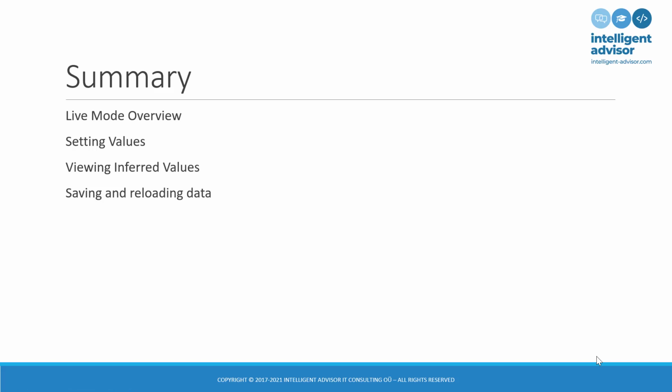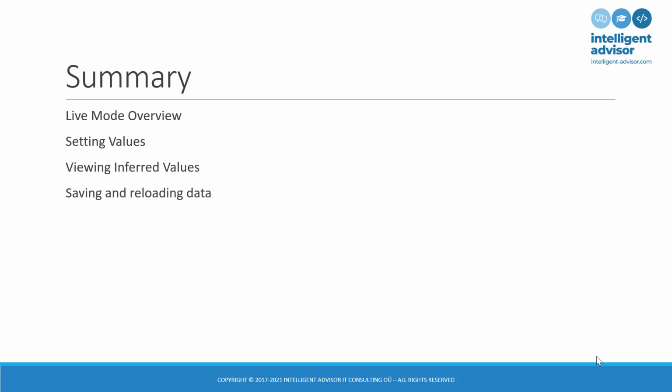So in summary, what have we seen? We've seen a basic overview of the live mode. We now understand that it's essentially a debugging tool. We've talked about using the data panel on the left-hand side to set values. And we've talked about using the rules panel or the rules view on the right-hand side to leverage the tooltips to view inferred values, but also the icons, for example, when dealing with Boolean values, to understand how the results can be interpreted.